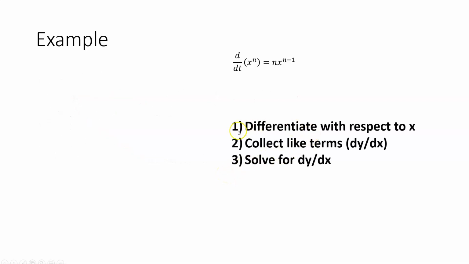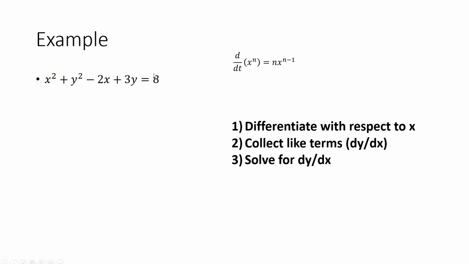So here we have our 3 steps for implicit differentiation: differentiate with respect to x, collect like terms, and then solve for dy over dx. So we got another problem here: x squared plus y squared minus 2x plus 3y is equal to 8. Again, differentiate everything with respect to x.